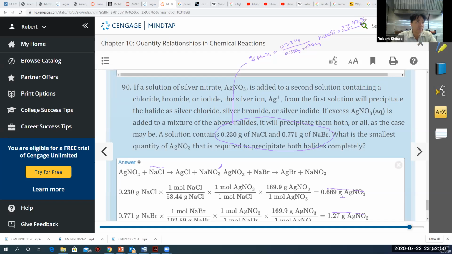So 22.977% is not right. The percent sodium bromide in this mixture is 100 minus that. Since there are only 2 things in this mixture, this is round off error, 97. This should add up to 100%, and this should be 98, and then it'll add up to 100%. But it's all right. I'm only allowed 3 sig figs.